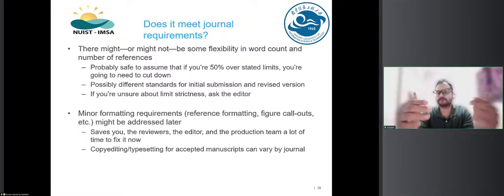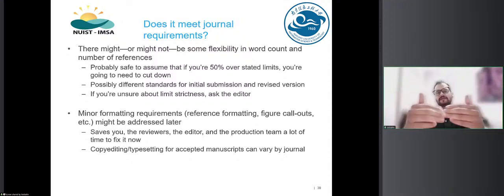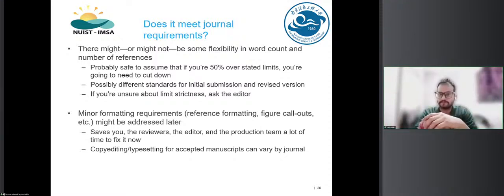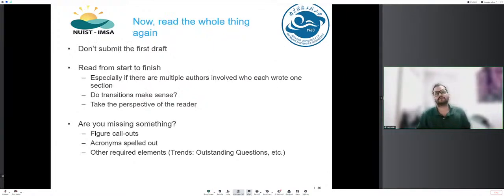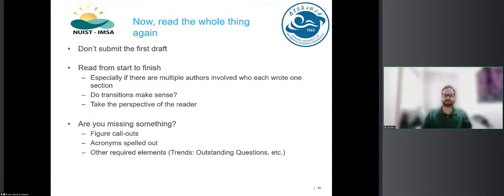Because if you do it, they will take 1 or 2 months, and then after that they will reject your paper. So it's better not to do it, or do it wisely, because it will save your time, reviewer time, editor time, everything.